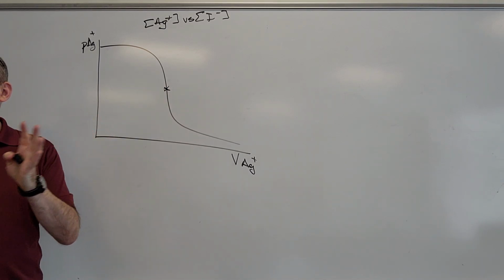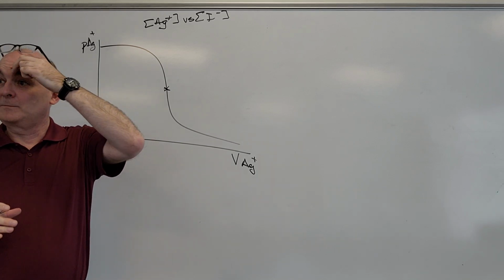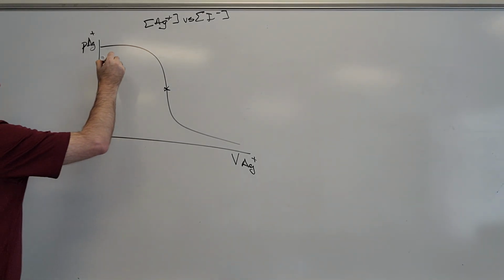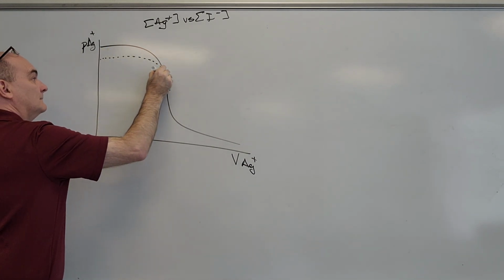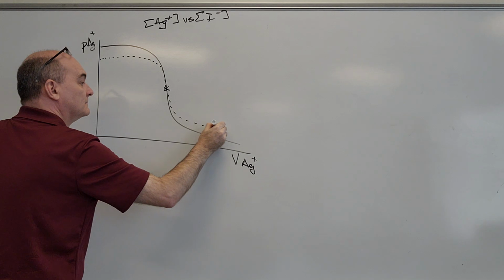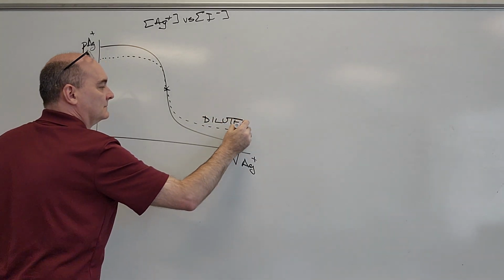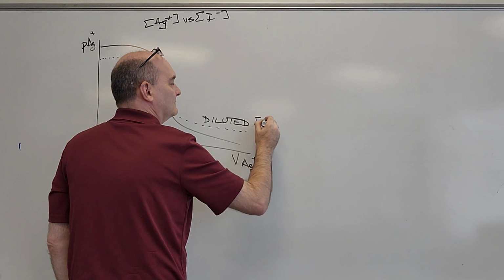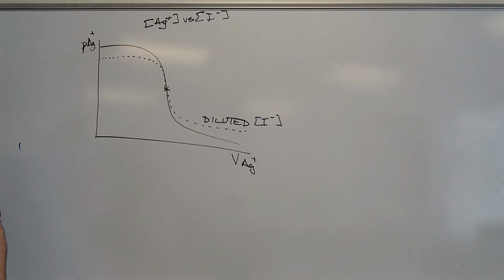Not this way. No? That way. Oh, because the concentration of the iodide is different. Yeah, that makes sense. If I dilute it, I don't have as much of a spread.